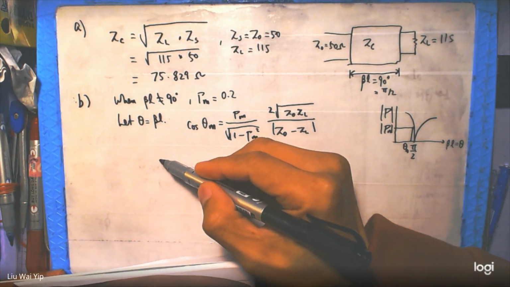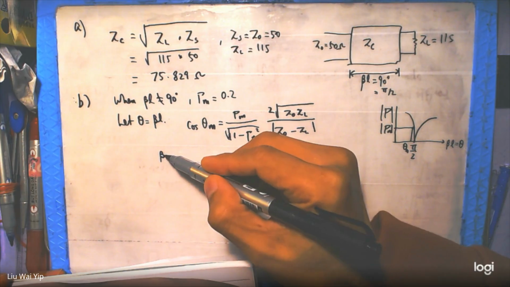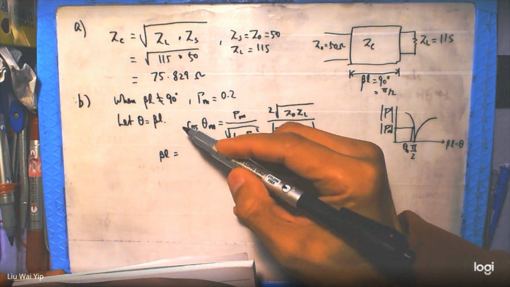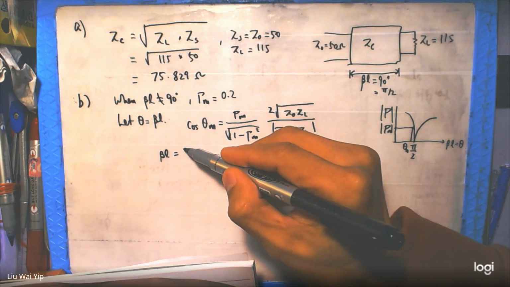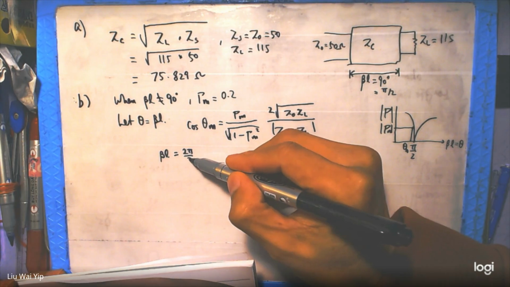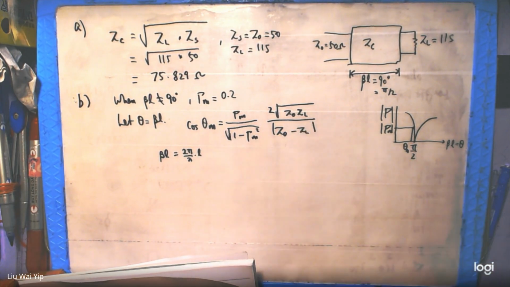Beta L is equal to 2 pi over lambda times L, where L is the length. At different frequency, the length will be different.